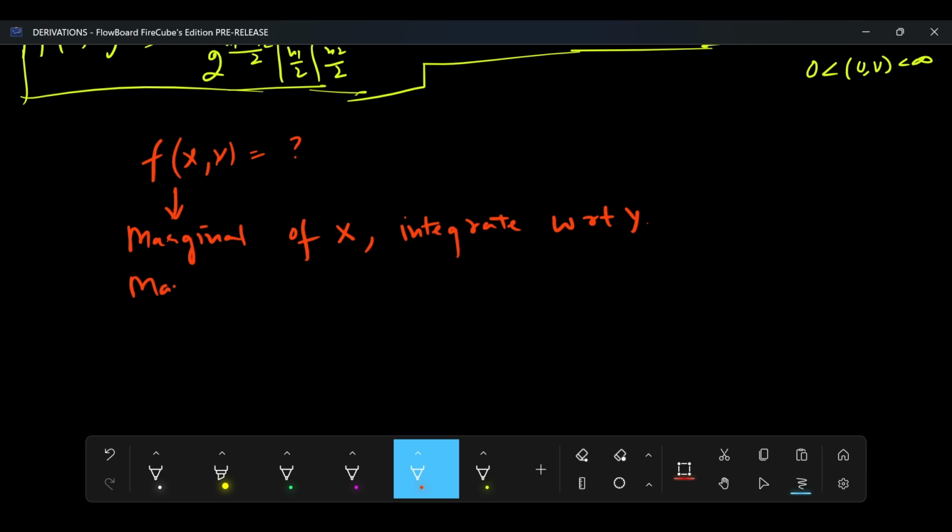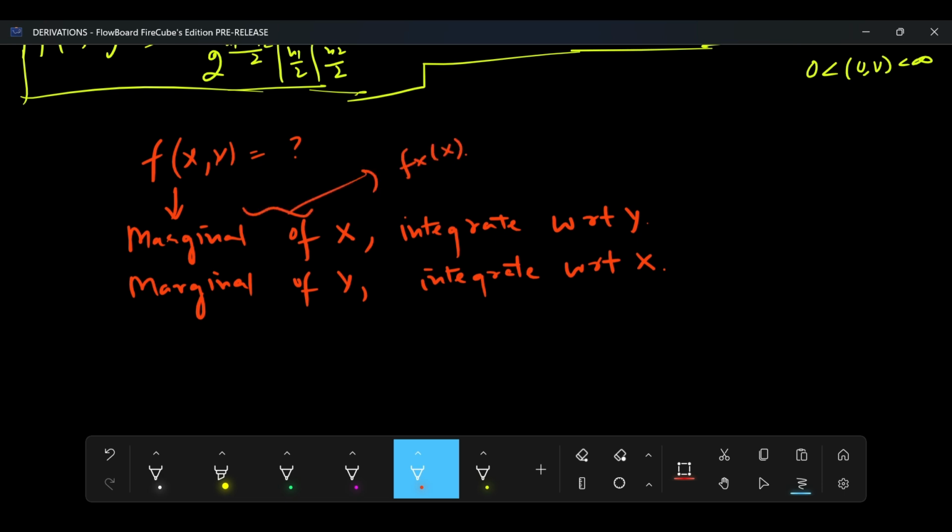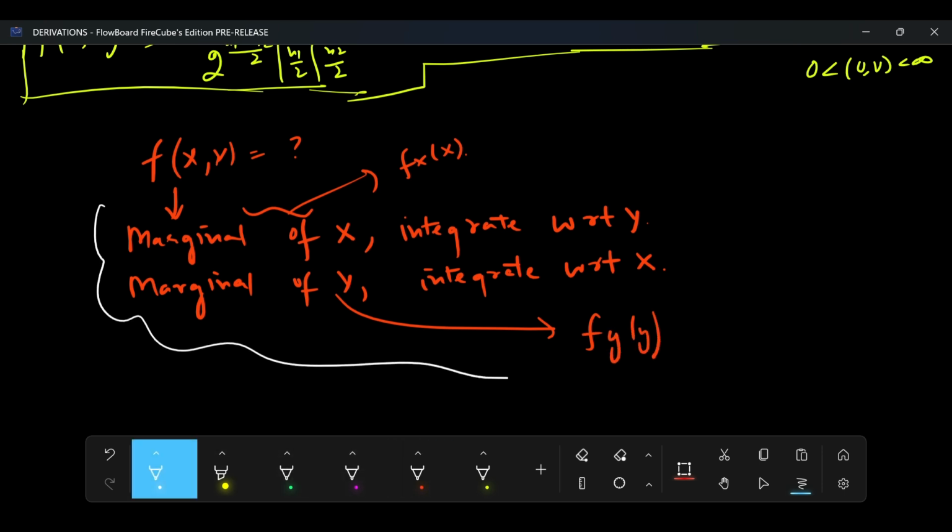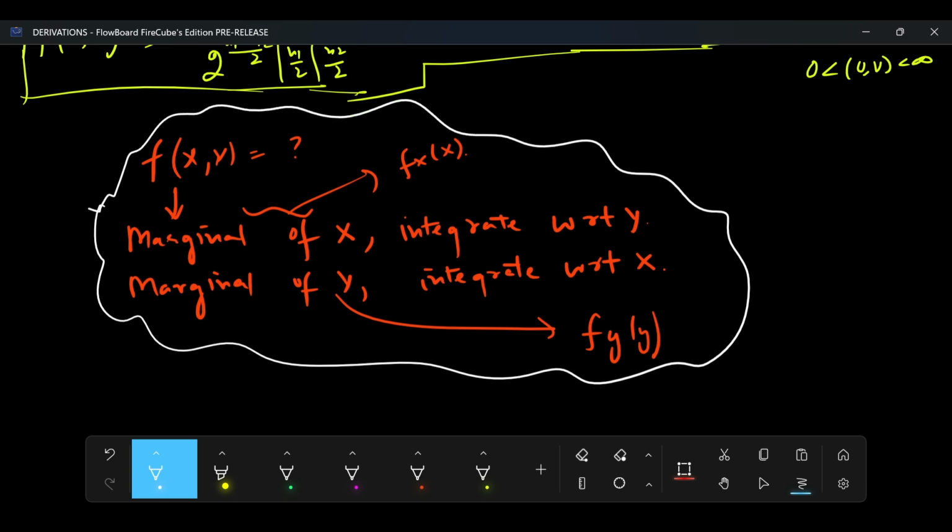If you need the marginal of y, then integrate with respect to x. What's the marginal of x? That is simply f of x, a single function. What's the marginal of y? That's f of y. Clear? This is a simple concept here.